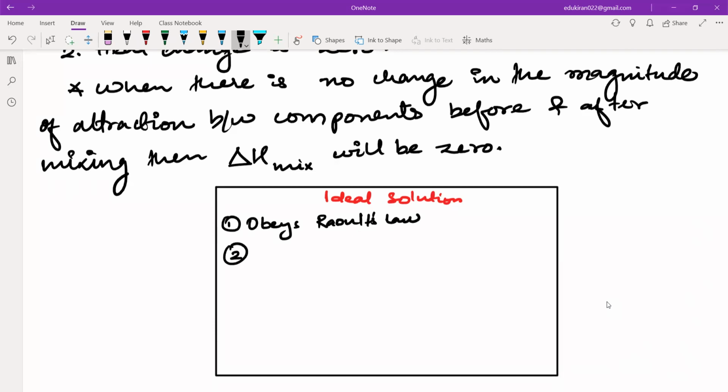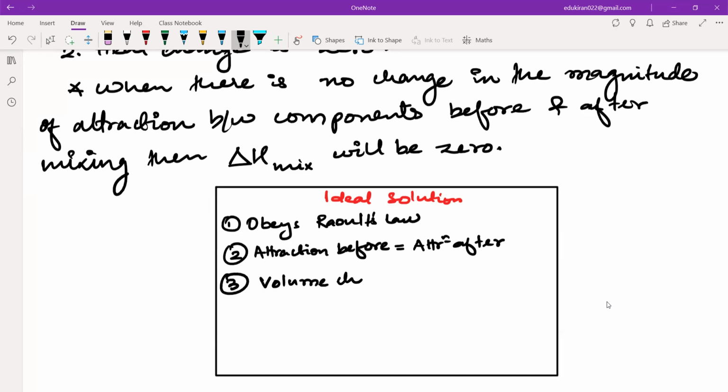Second point: attraction before is equal to attraction after. Attraction of what? Attraction between the components. Okay, simple छोटे words में लिख दिया हमने. Third, volume change zero. That means delta V is equal to zero.